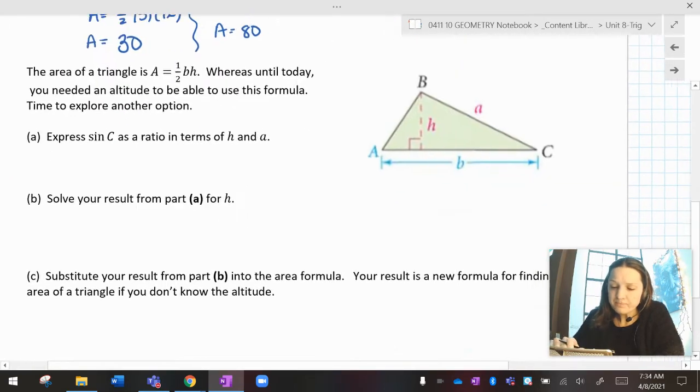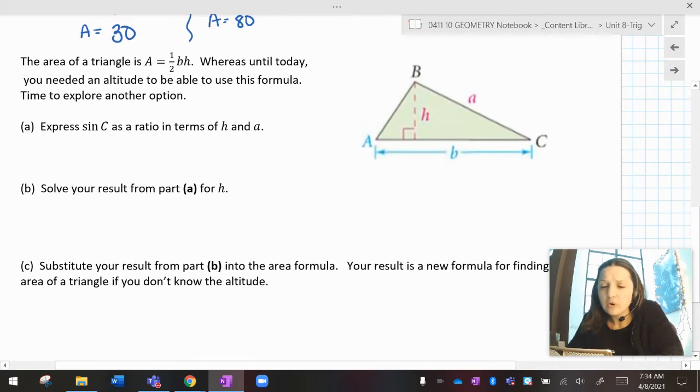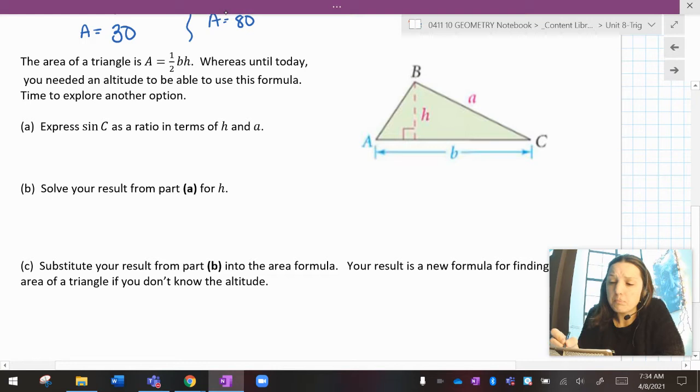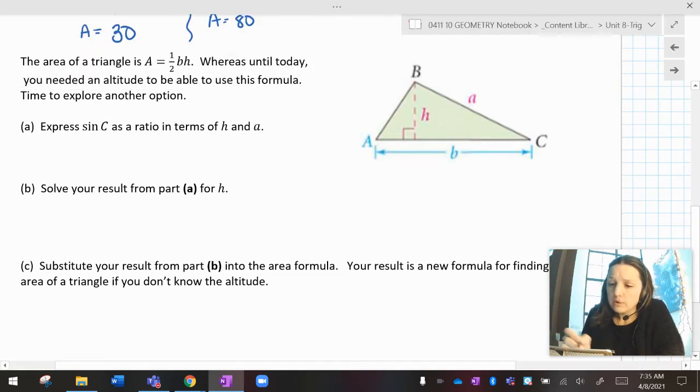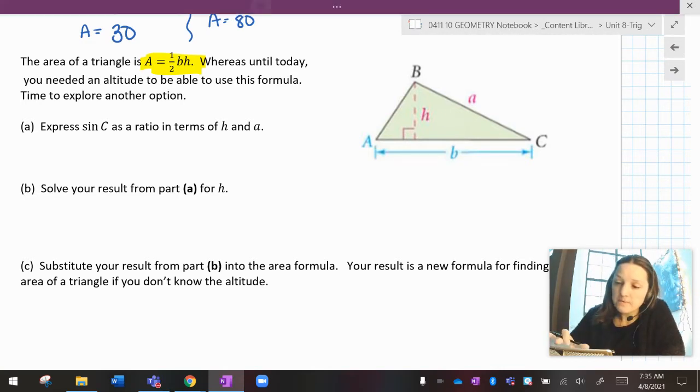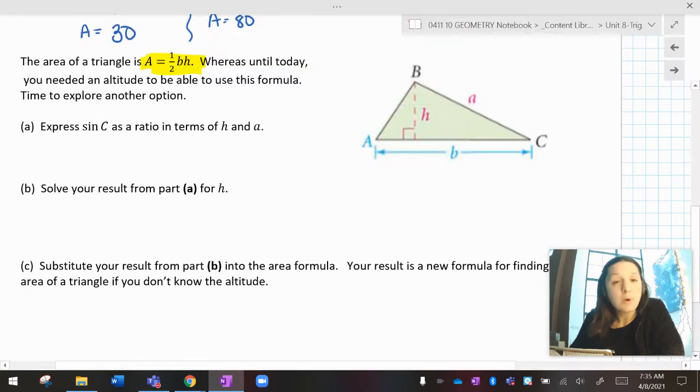All right, so let's come down here. And it says the area of a triangle is 1/2 BH. Okay, 1/2 BH. Whereas until today, you needed an altitude to be able to use this formula, right? The altitude's the height. Time to explore another option. Okay, fine. What option do they want us to look at?